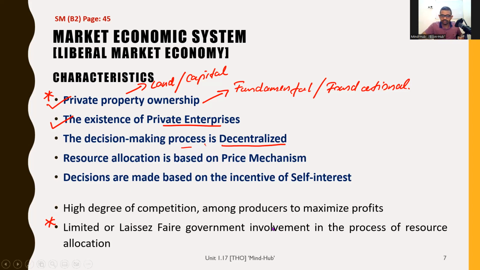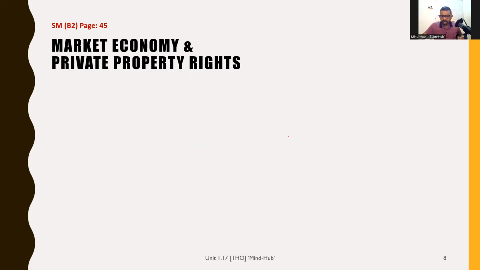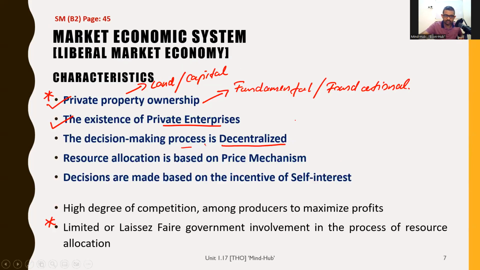Are we clear on the difference between centralized and decentralized decision making? Because we have decentralized decision making, we will always make our decisions based on what interest? Self-interest.